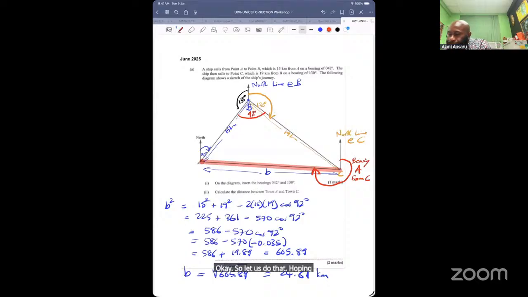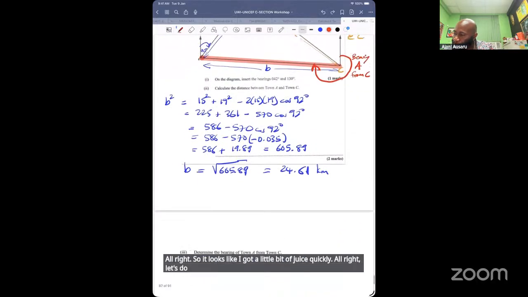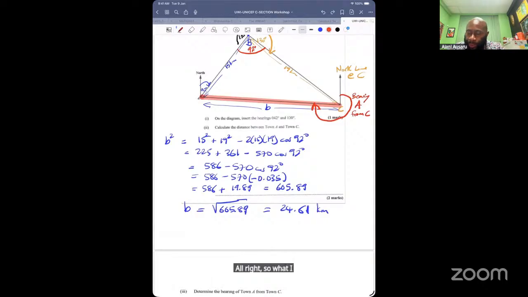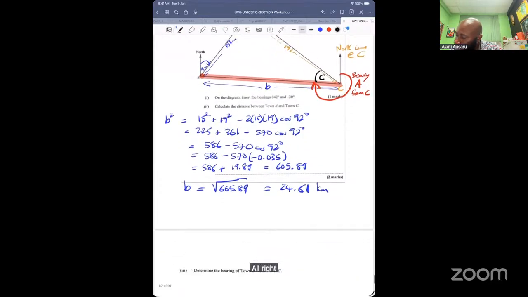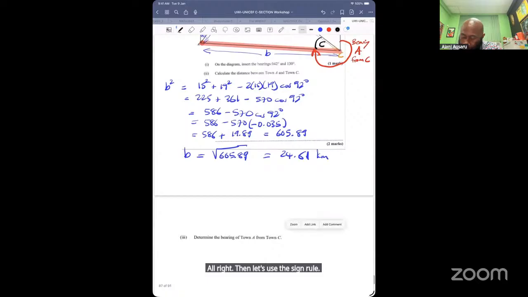Hoping I get a little charge here. All right, so it looks like I got a little bit of juice quickly. All right, so what I was saying, I'm going to call this C. This angle here, that's my C. Now let's use the sine rule, because we have all the information that we need for the sine rule.